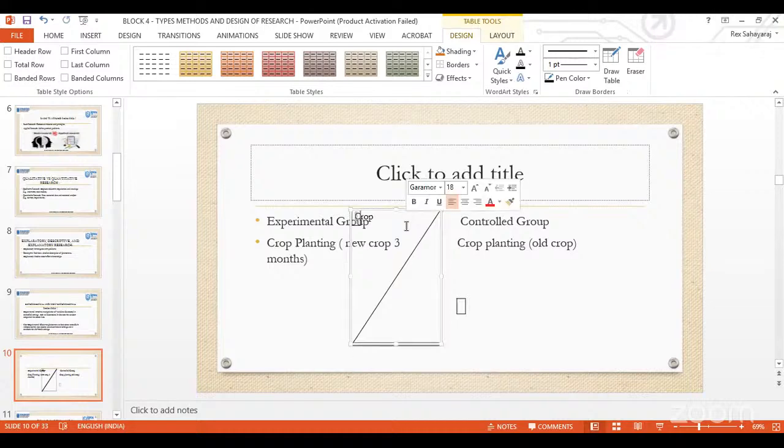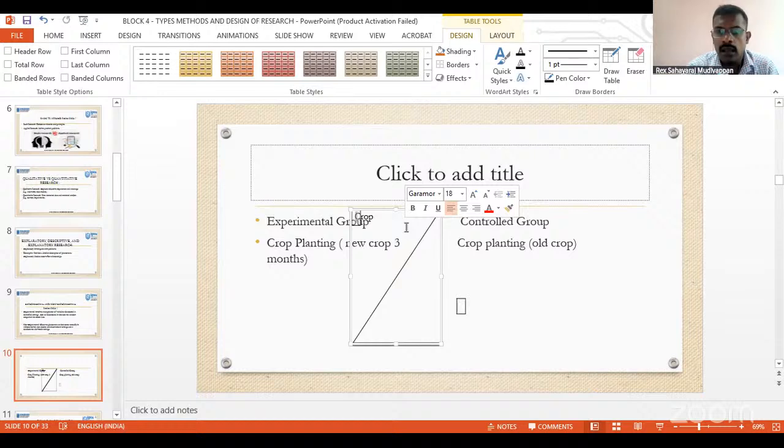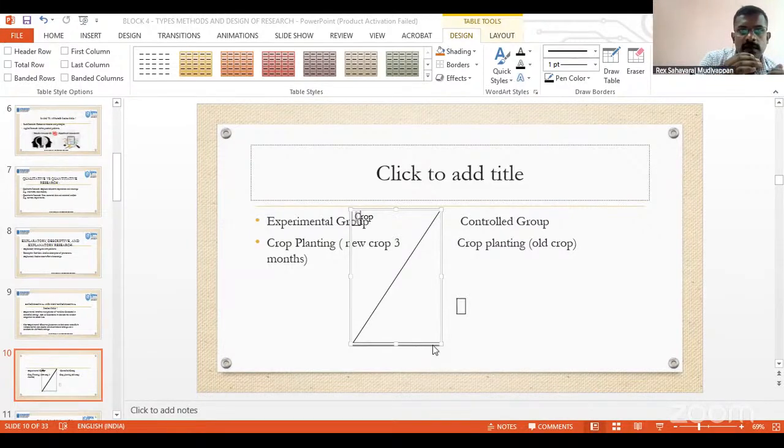Imagine that he has divided the land into 4 pieces. Instead of 2, he will divide it into 4. In one place he will put the new crop, another place the old crop, then new crop, old crop.